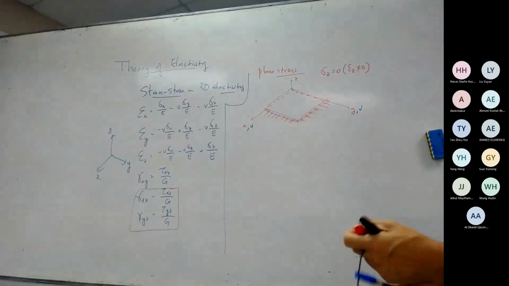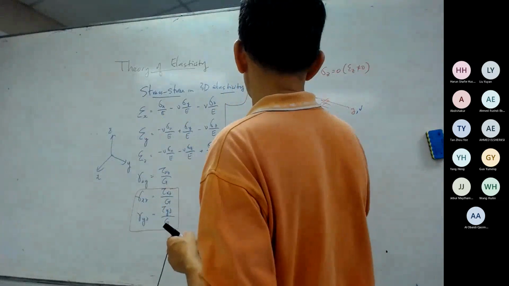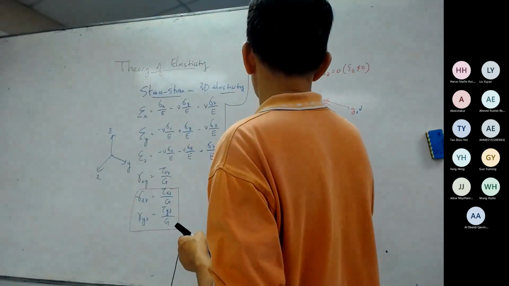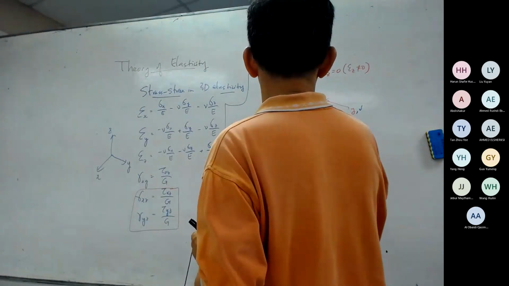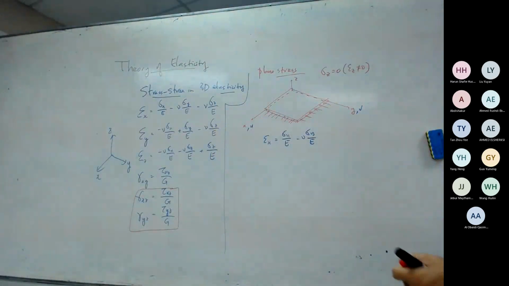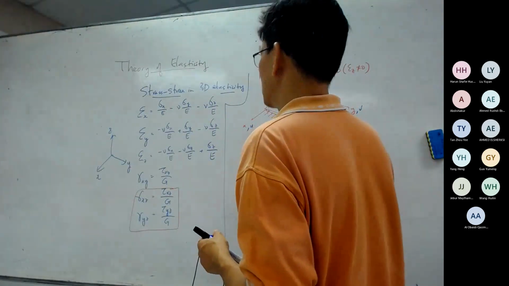The first relation that you have is, of course, this relation, and then this becomes 0. So you have epsilon x equal to this, and z is 0, and then epsilon y.